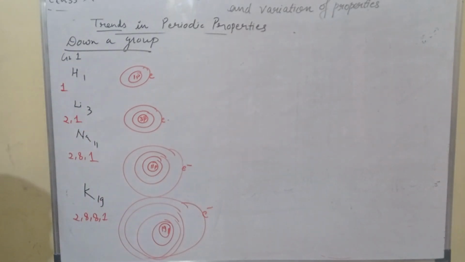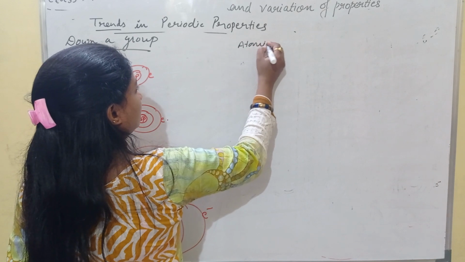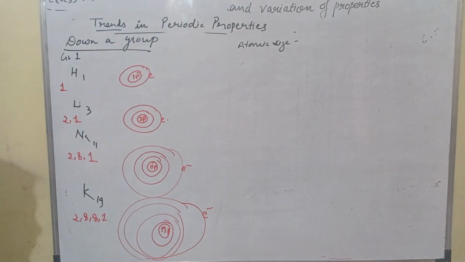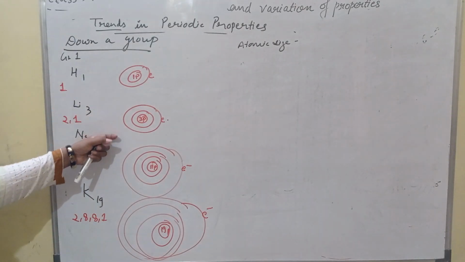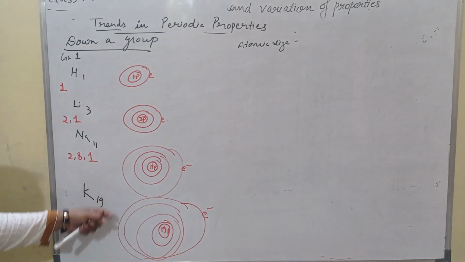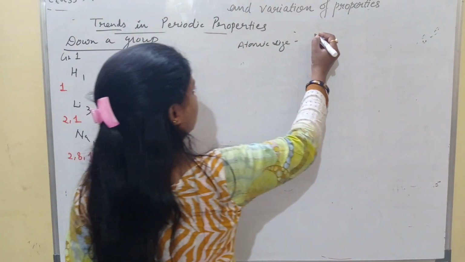Now we'll see all the properties one by one. Atomic size. You can see from the diagram that the size of the atom is increasing due to the addition of an extra shell. Here it is 1 shell, then 2 shells, then 3 shells, then 4 shells. So as the number of shells increases, the atomic size also increases.